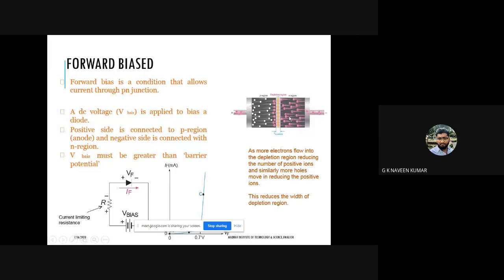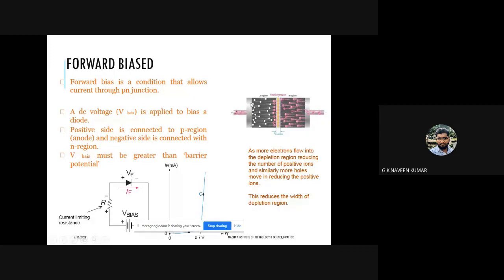And if I am applying positive here, where the minority carriers are electrons and the majority carriers are holes, all the electrons will be sucked by this positive polarity. And here all the electrons will be injected into this region. This becomes more positive and this becomes more negative.